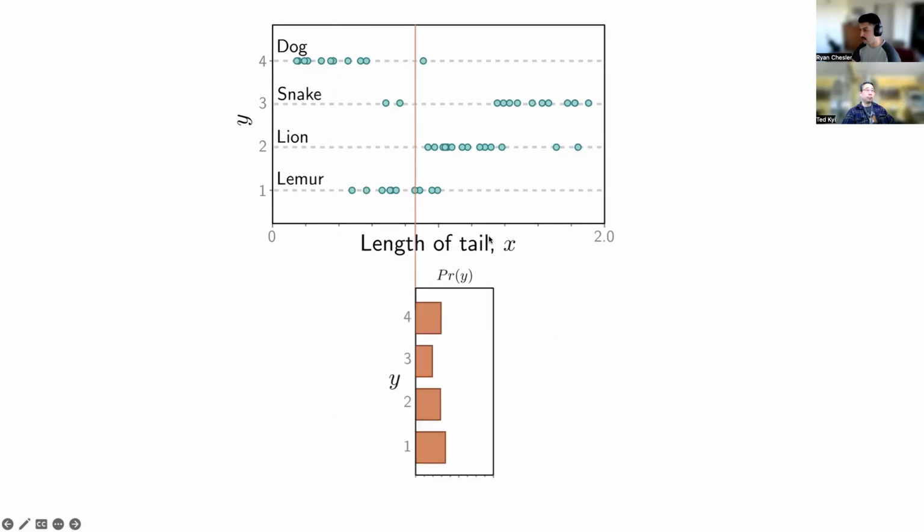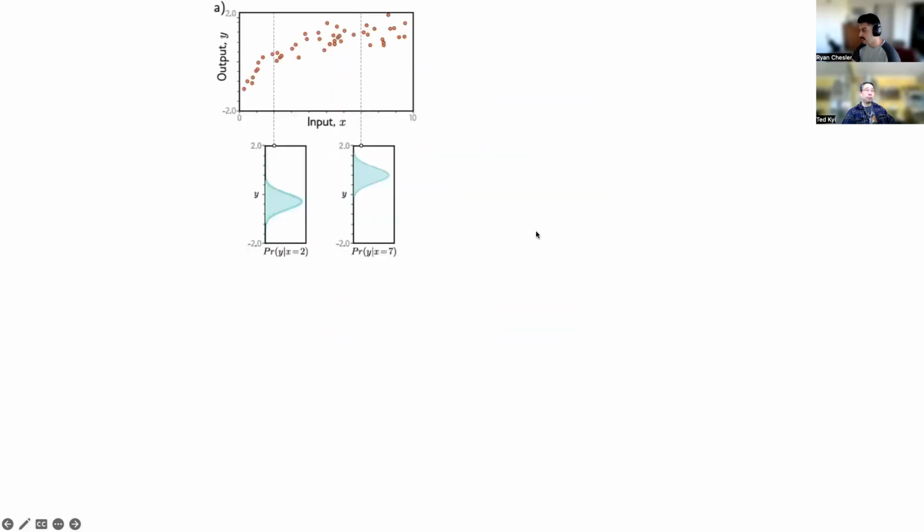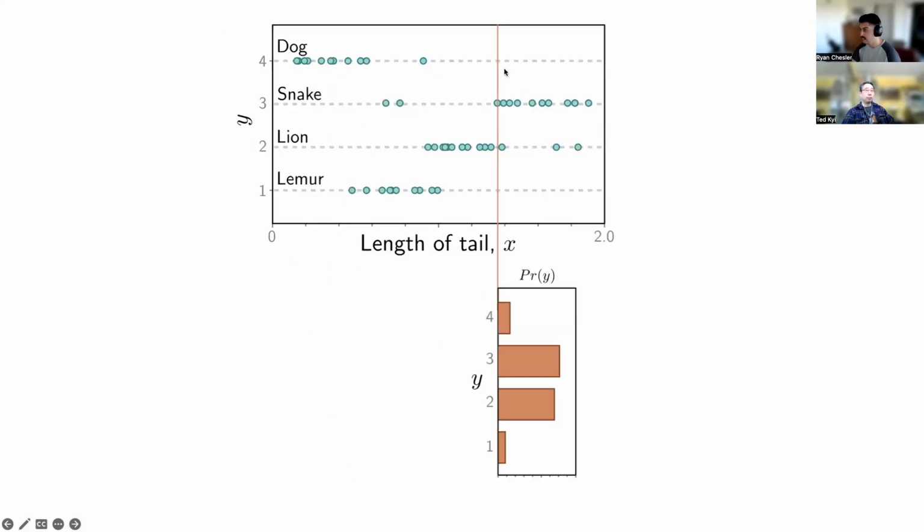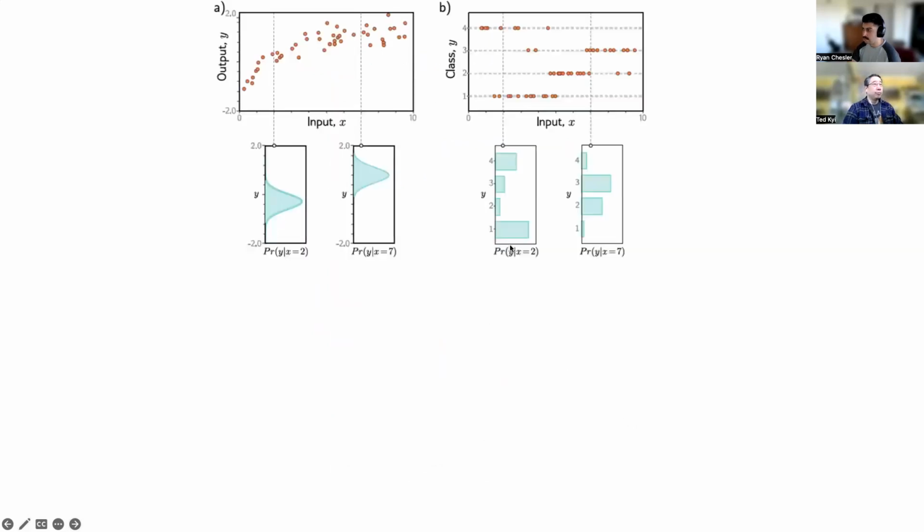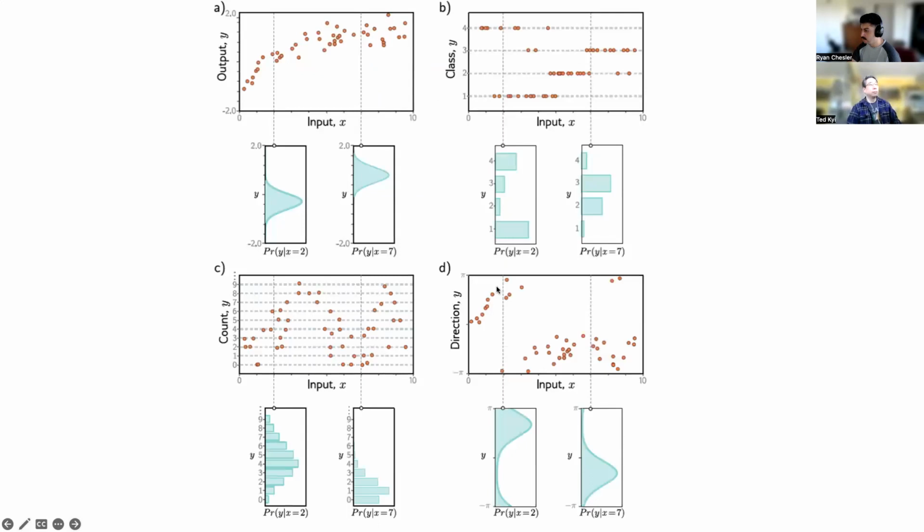If you look at different lengths of tail, you can see the probability distribution changes. There's a certain probability of it being a dog, a snake, a lion, a lemur, etc. Here are all of the examples shown side by side. At this given value there's a certain probability distribution, and at this value there's a different one. This holds true whether it's regression, multi-class, or binary.